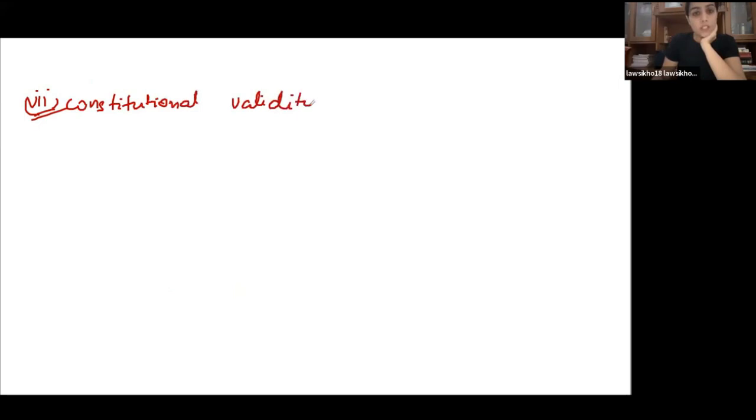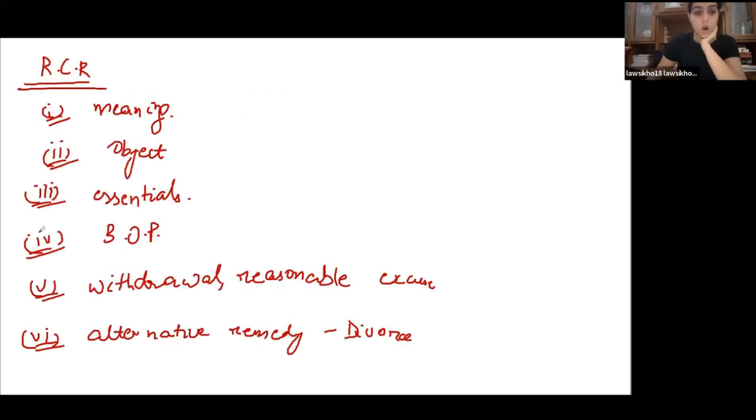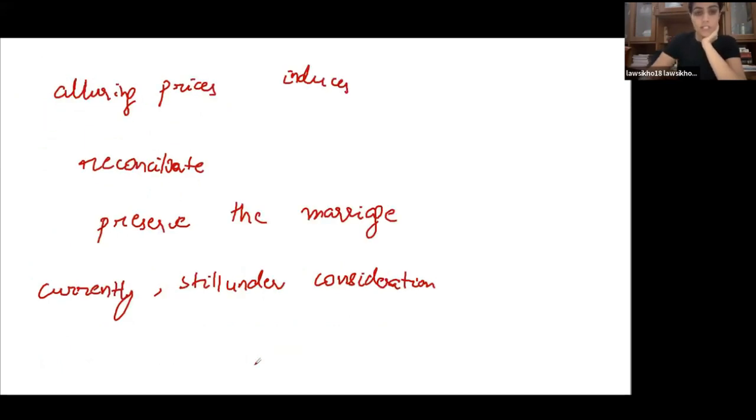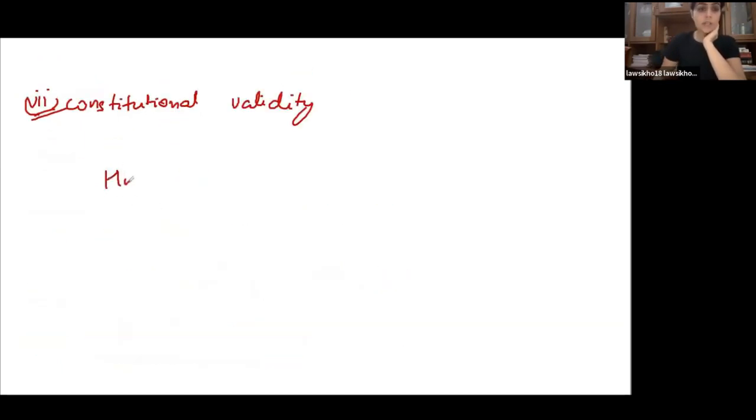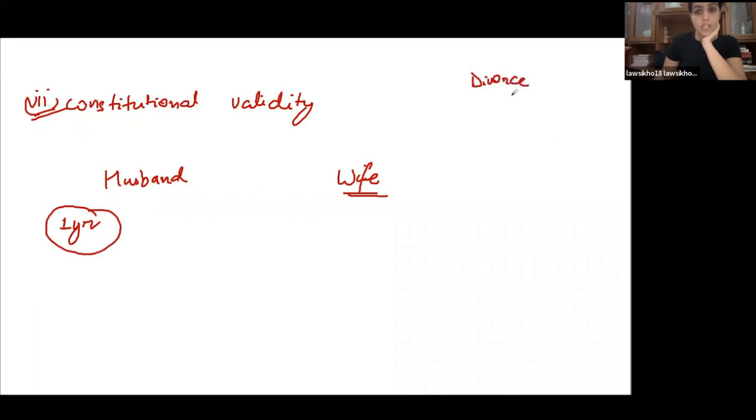Okay, one more thing as far as this point is concerned, the alternative remedy of divorce. If we take this case, whereby the husband approaches the court and asks the wife to come back, it is not necessary for the wife to wait for the passing of a decree of restitution of conjugal rights and then wait 1 year after that before approaching for divorce under section 13(1)(a).